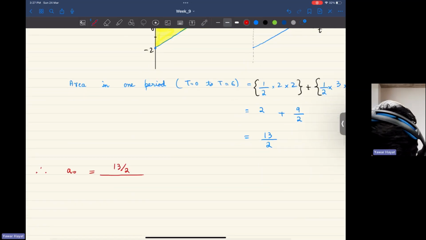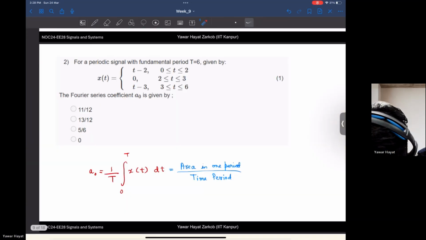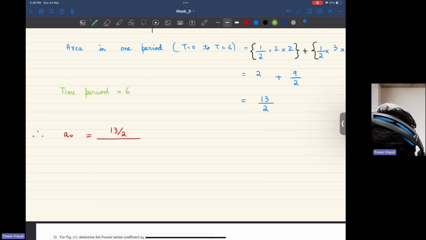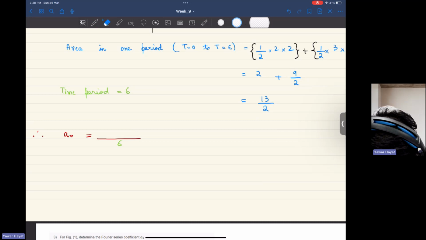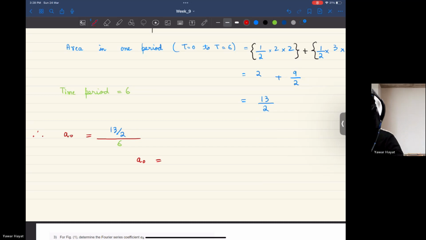Time period is 6. It's mentioned in the question, right? So this A0 would be equal to 13 by 12.